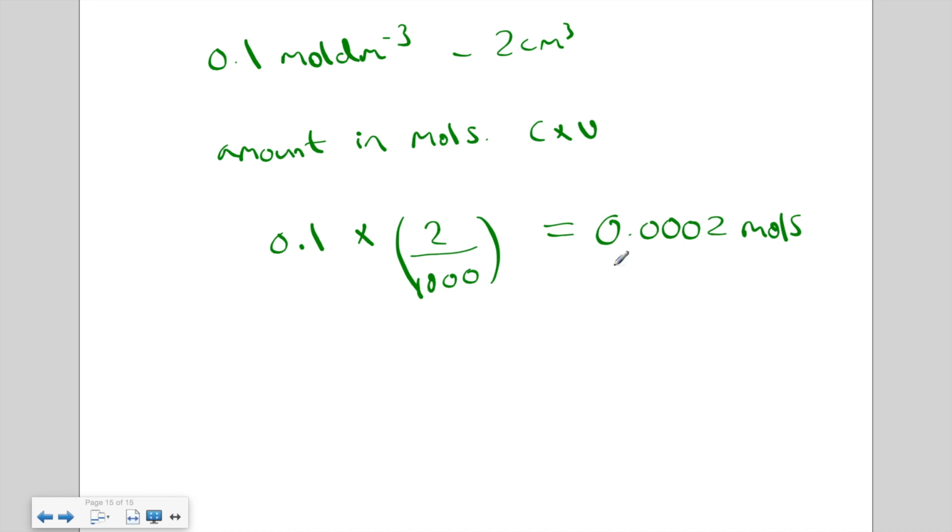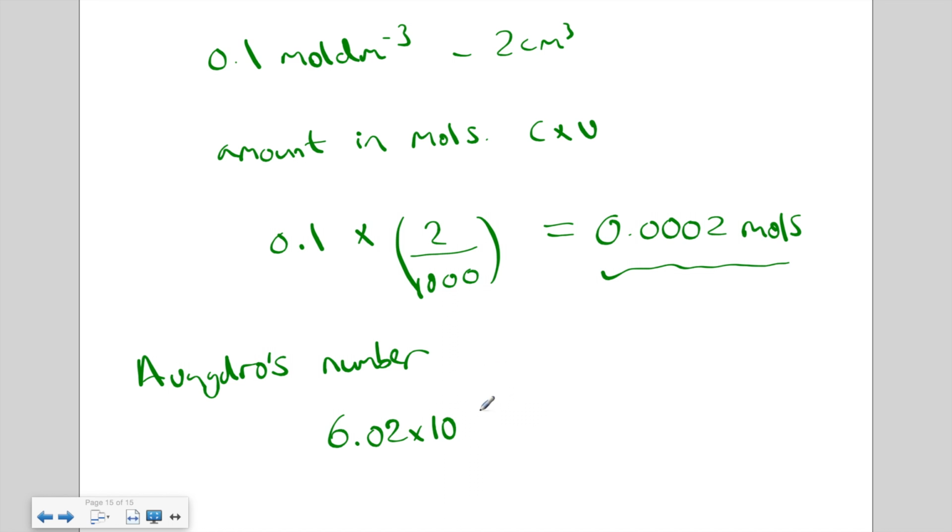So how many molecules is there in 0.0002 moles? Well, we then need to use a number called Avogadro's number, which is 6.02 times 10 to the 23. That is how many molecules there are in a mole.